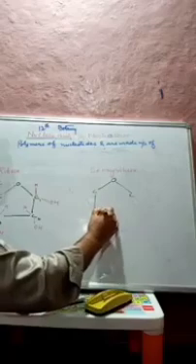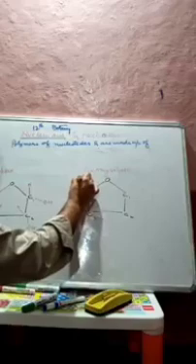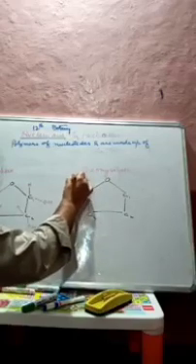Now, in case of deoxyribose sugar, carbon, carbon, and see the difference. Where does the difference lie? Again, this is carbon 1, carbon 2, carbon 3, carbon 4, and this is actually CH2OH.